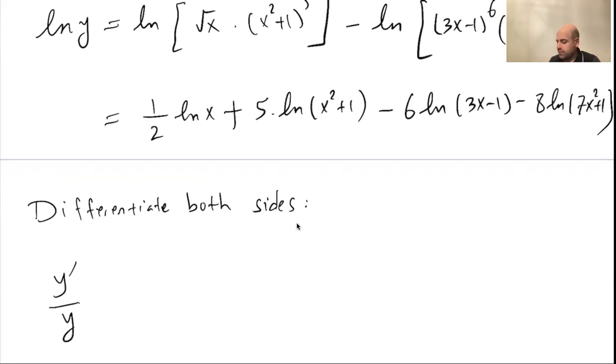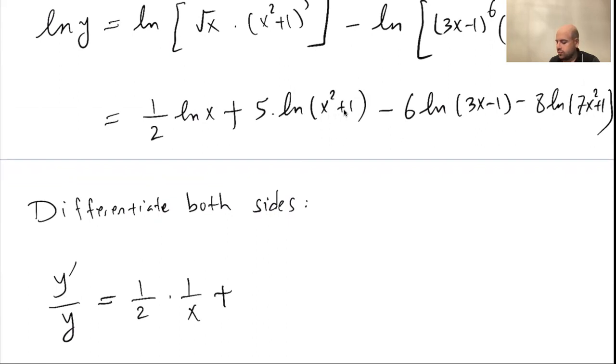So y prime over y equals, now for the right-hand side, 1/2 ln x. We just said ln x derivative is 1 over x. So 1 over 2 times 1 over x plus, now this one is ln u.